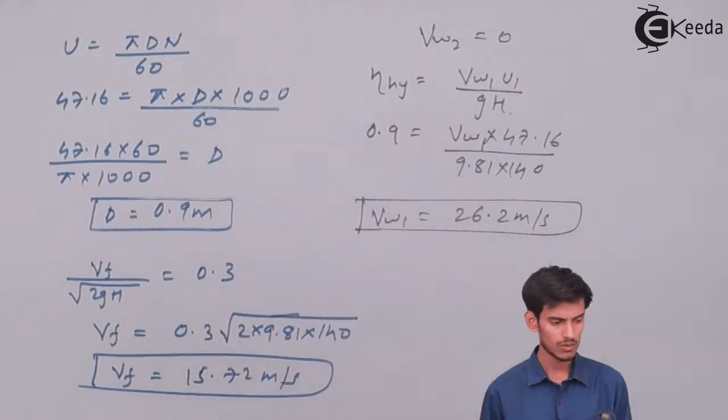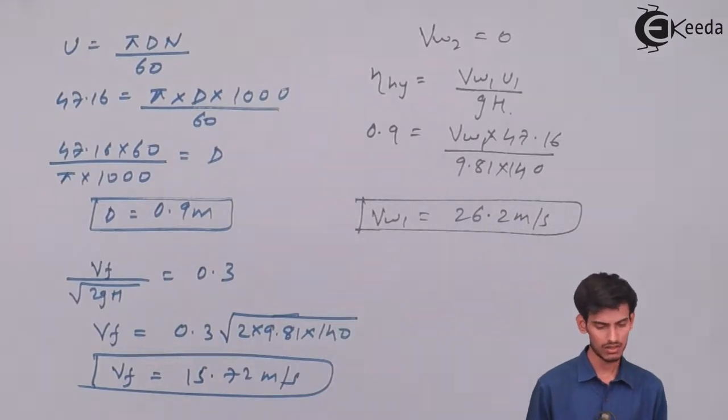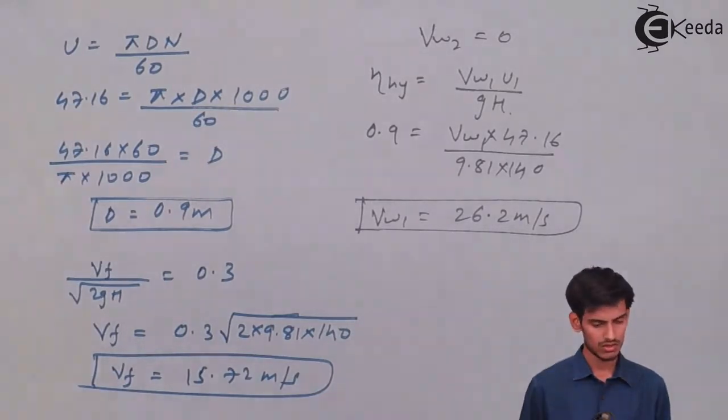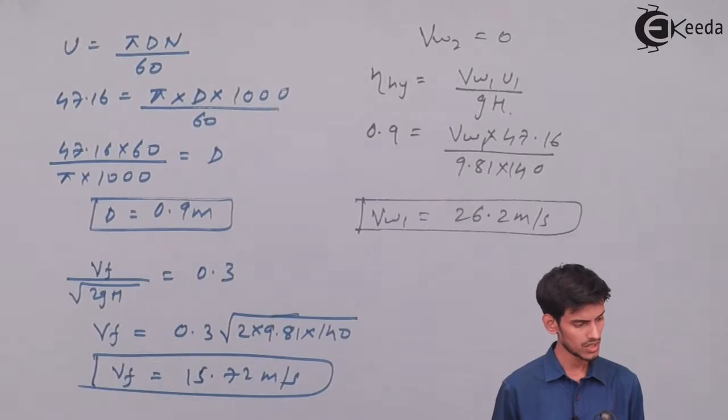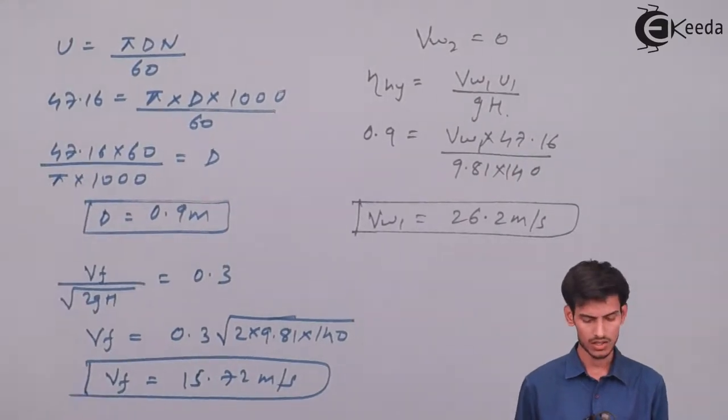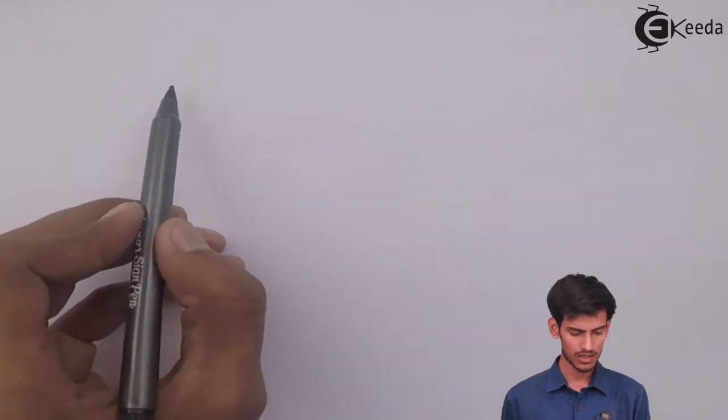After getting the whirl velocity, let's move on to the triangle to get what the question asks, the angle at the inlet. Let's draw the inlet triangle first. The Francis turbine inlet triangle looks something like this.